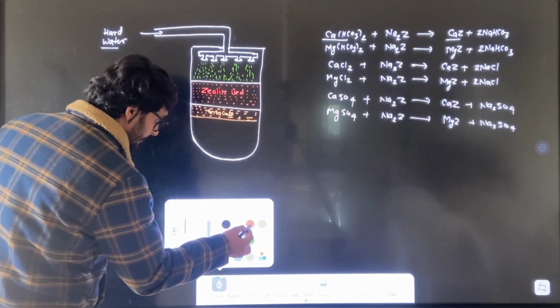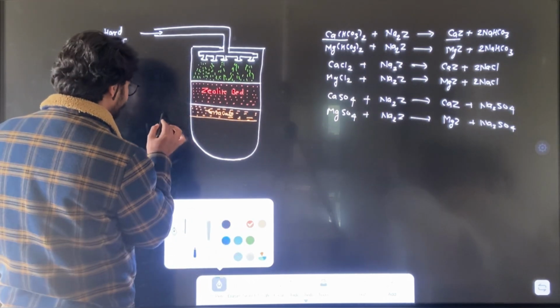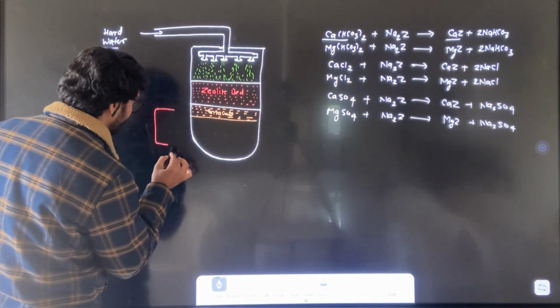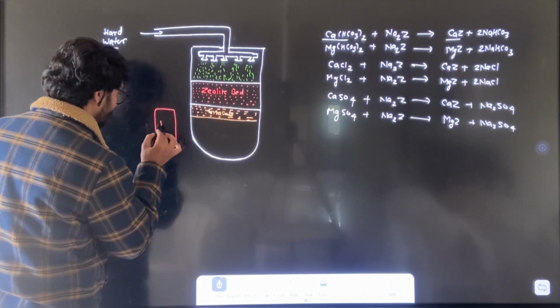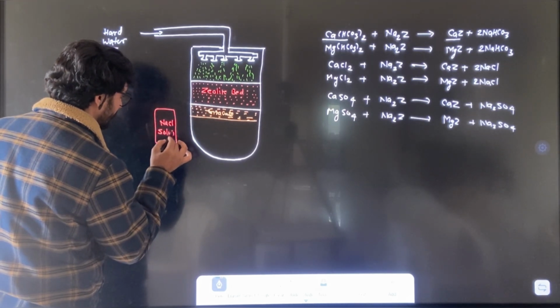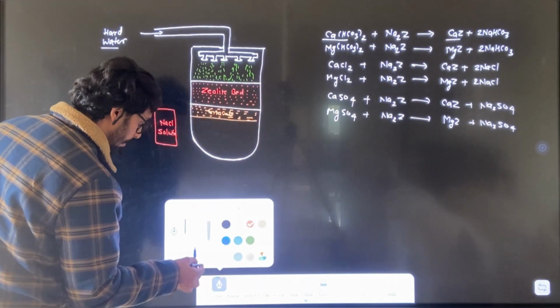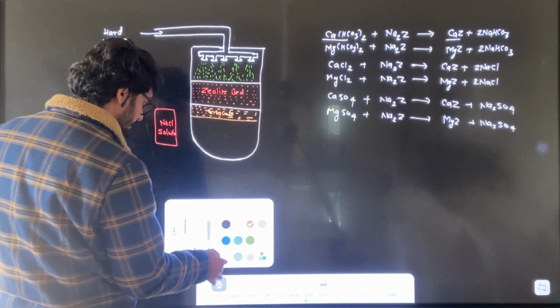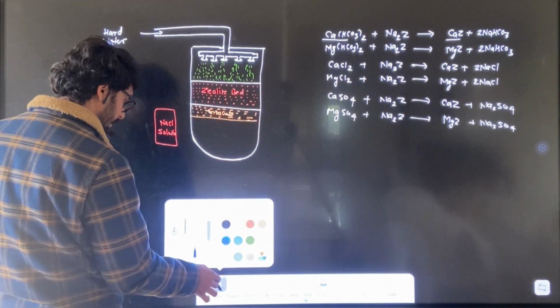So there is another tank, which has NaCl solution, to remove the blockage of the tank, right?